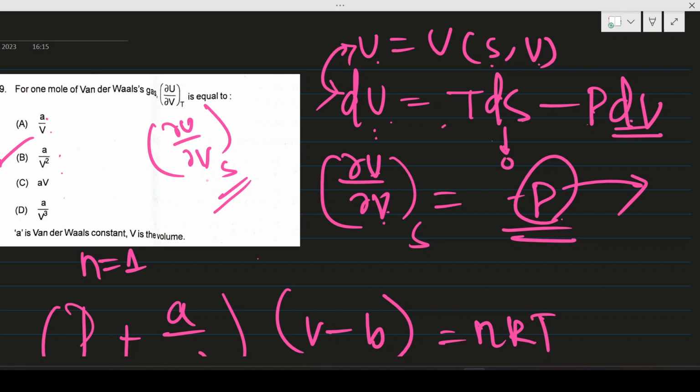Now del U by del V at constant S, the dS term becomes 0, so it is equal to minus P. In order to find del U by del V at constant S, we have to find P.